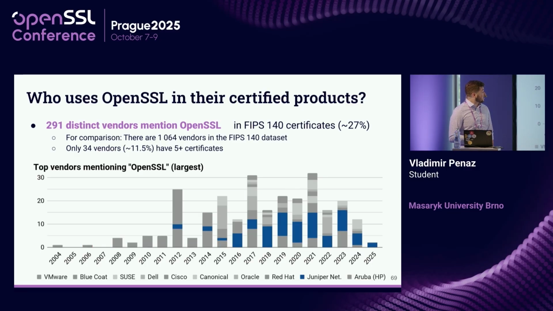And let's switch to the largest user of OpenSSL, the vendor who is using OpenSSL the most, and it's definitely Juniper, who started to use OpenSSL in 2012, and it's using it until now. And here we can see that since 2016, the usage is quite consistent. Every year, it's certifying slightly the same amount of certificates using OpenSSL.